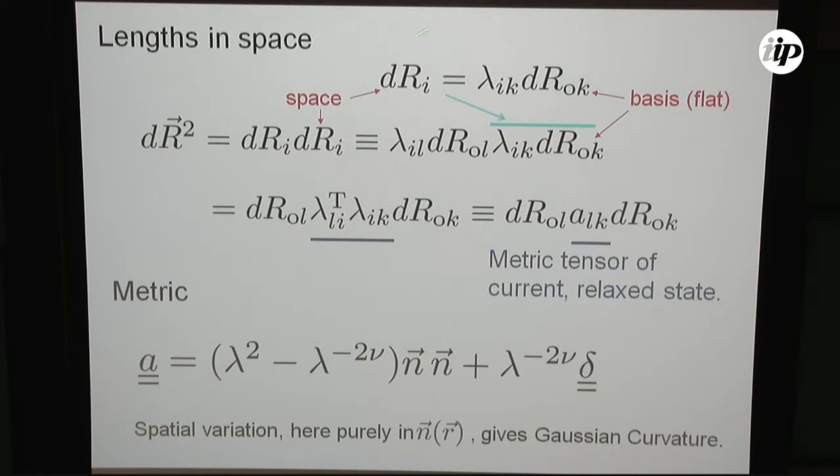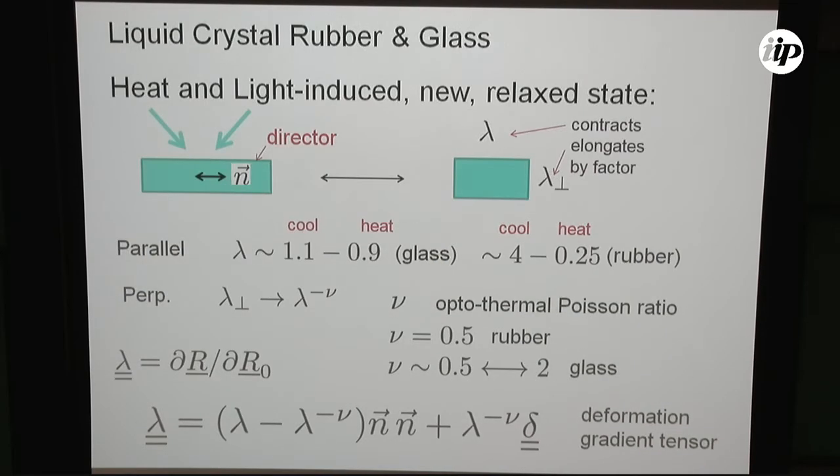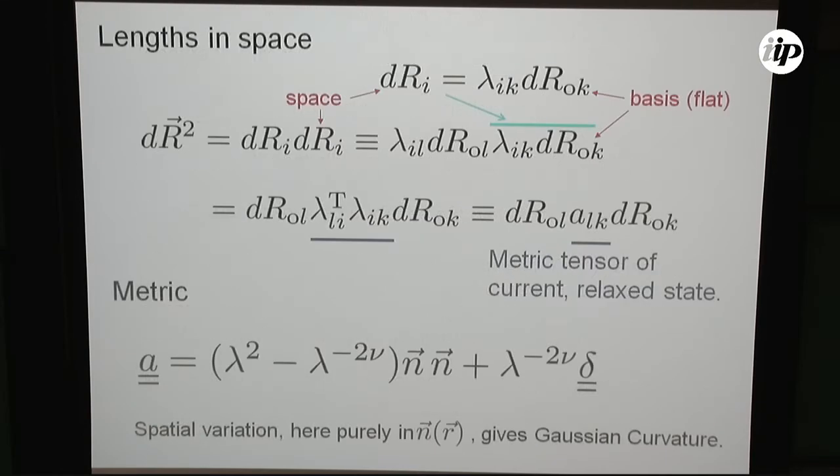And by folding these two expressions together on each side, this combination of the deformation gradient gives me the metric tensor. And that's the metric tensor of this new state. Once I've shone light on it, it's got a natural shape, and it's a square of this object here, and it's an easy object to square, so I write that down there, and this is the thing that you should keep in mind.